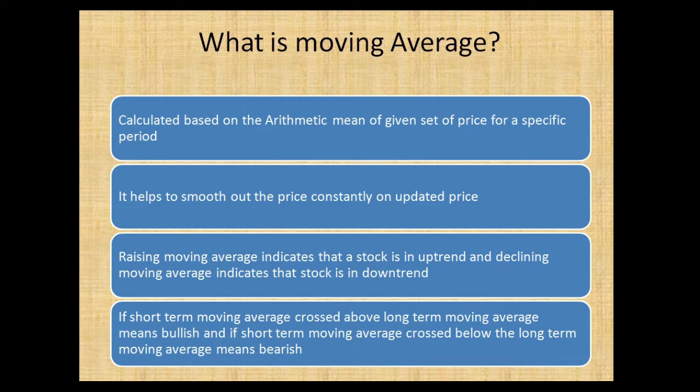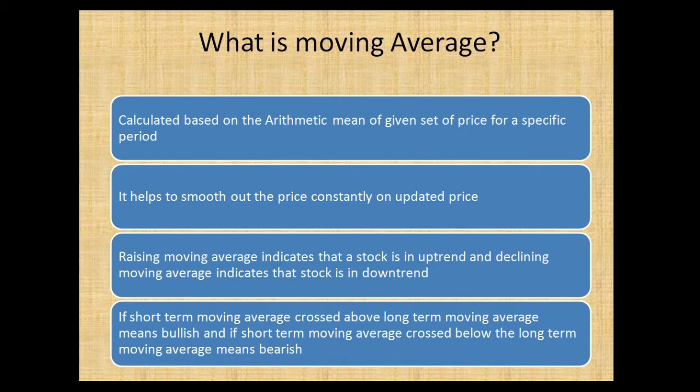And it is especially used to figure out the price constantly on the updated price, which means it will keep on moving based on the price change, and based on the price change, the moving average also changes for a specific time period.